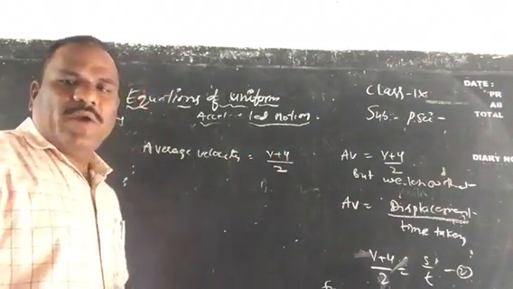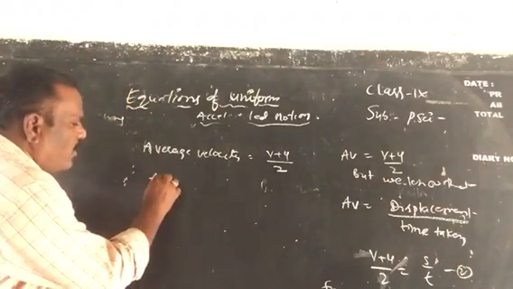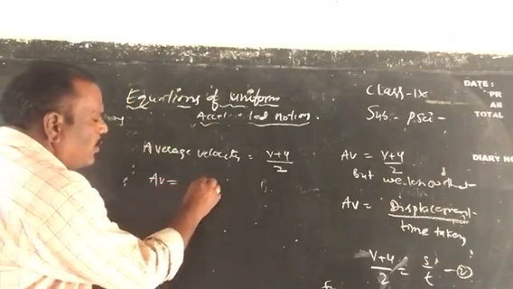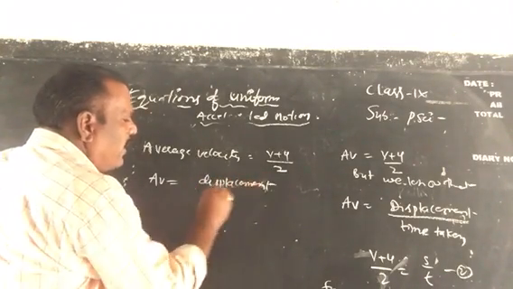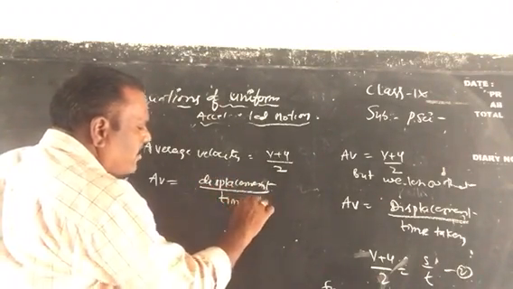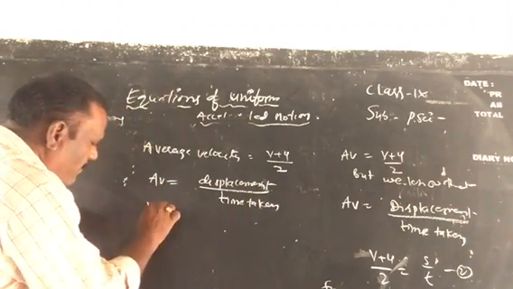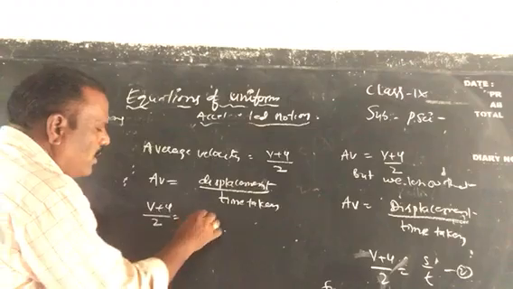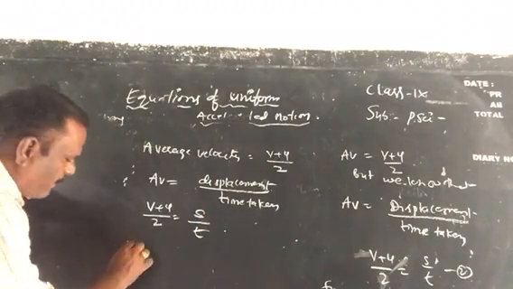But we know that average velocity equals displacement by time taken. So v plus u by 2 equal to s by t.